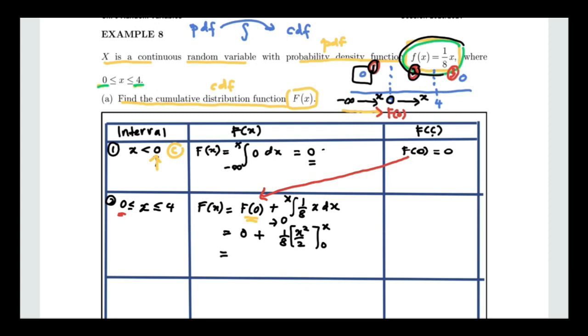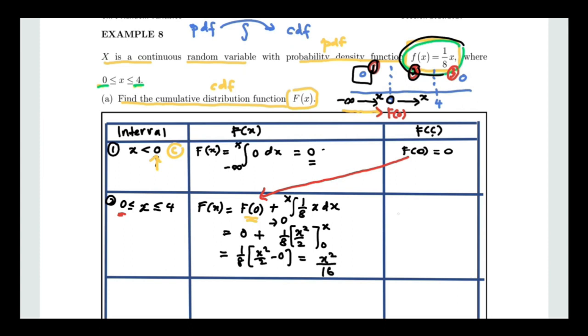If you simplify it, we substitute, we have 1 over 8 of x squared over 2 minus 0. That will give you x squared over 16.